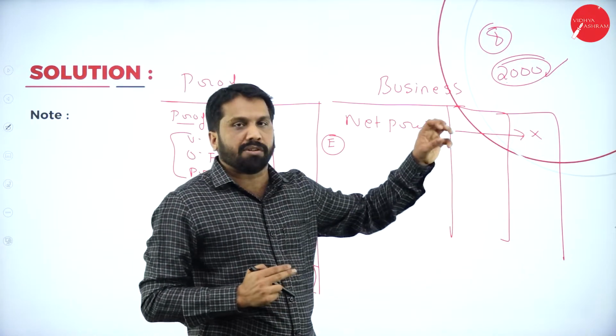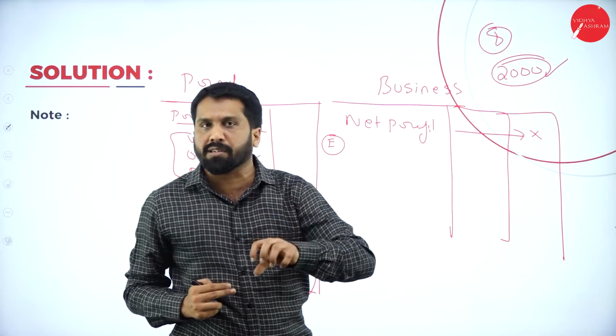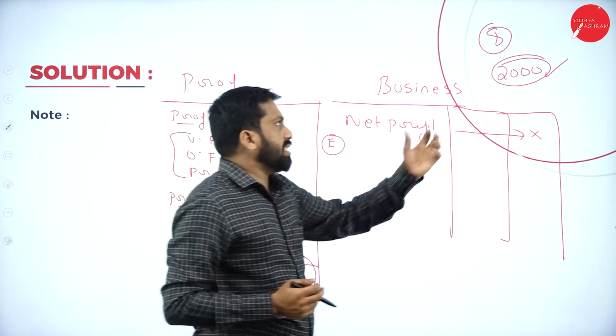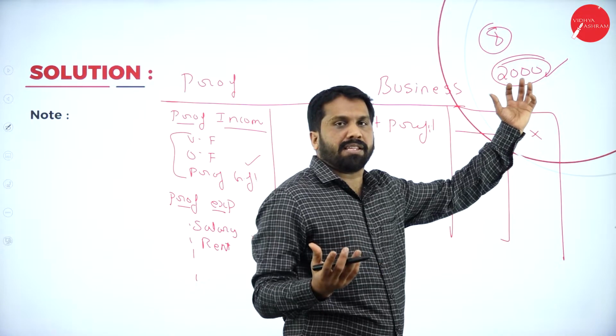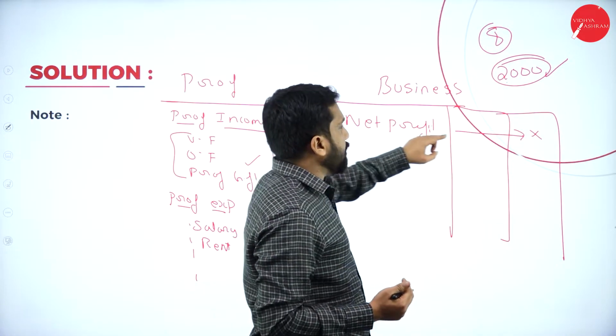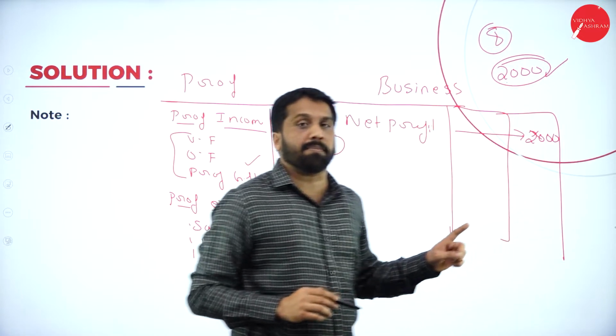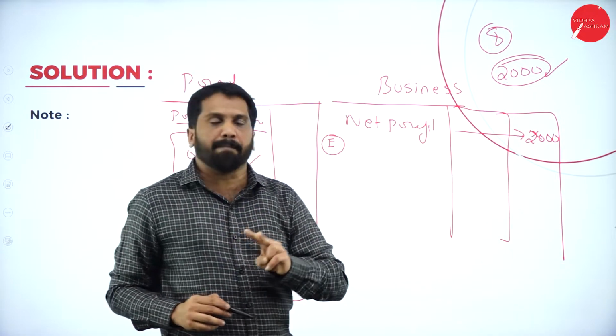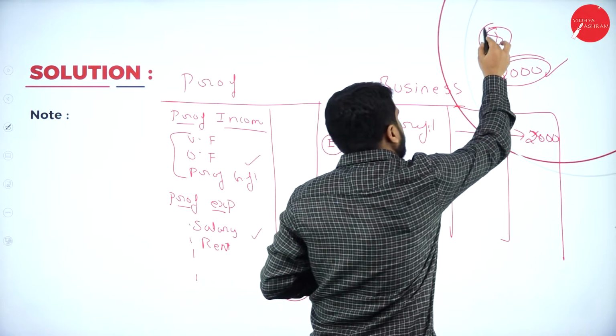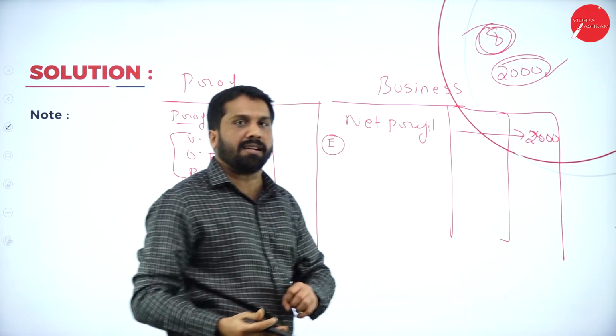If I give this 2,000 to the management, to the college, this will be the profit. I'll write down that the net profit is 2,000.